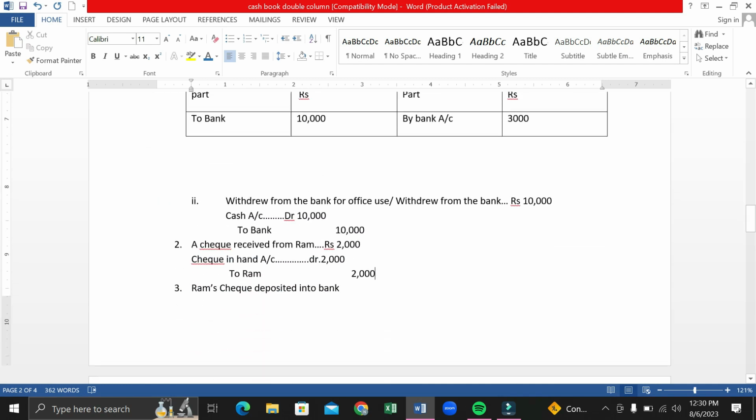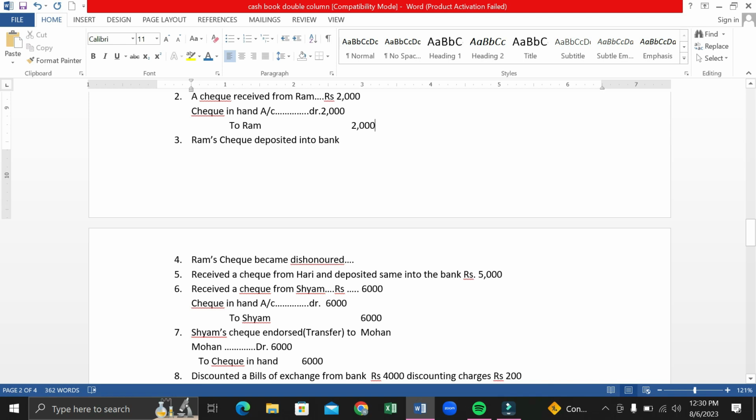Now the fourth one states that Ram's check became dishonored or cancelled due to technical reasons. It might be that the amount is wrong, the signature is wrong, the date is wrong, or there is a zigzag on the check. Due to any of these technical reasons, Ram's check that we had deposited into the bank became dishonored.